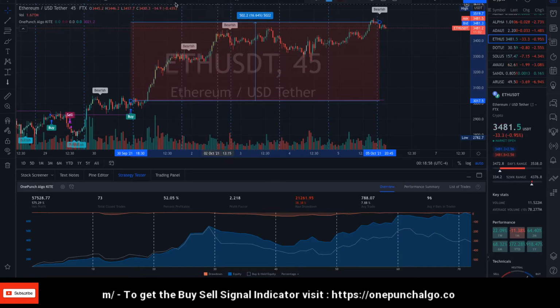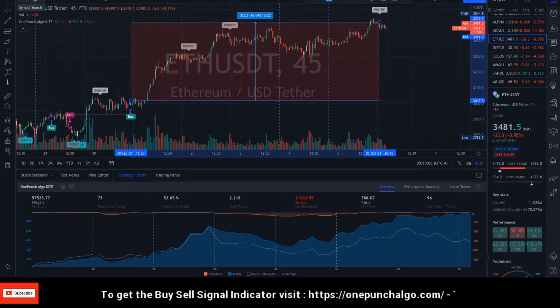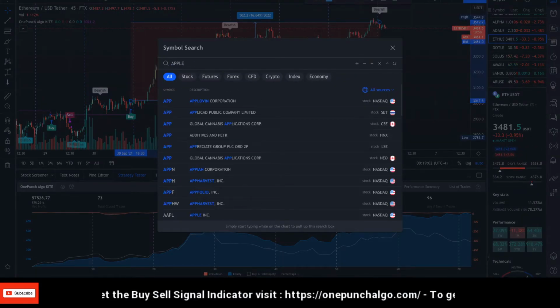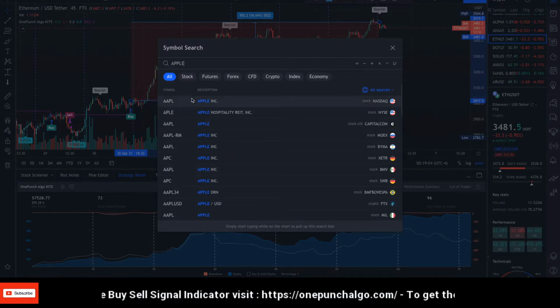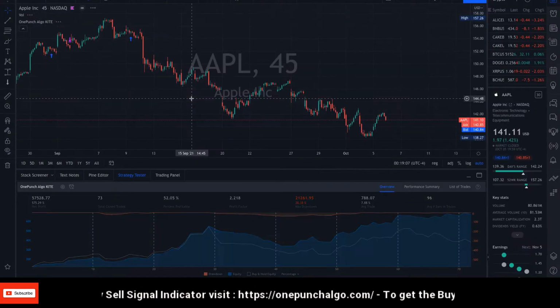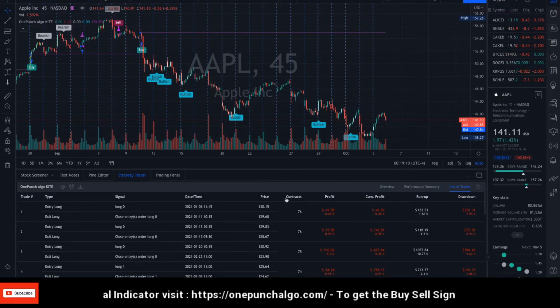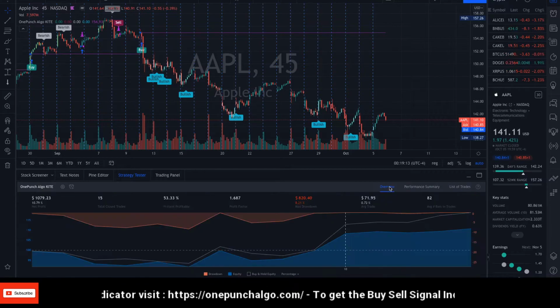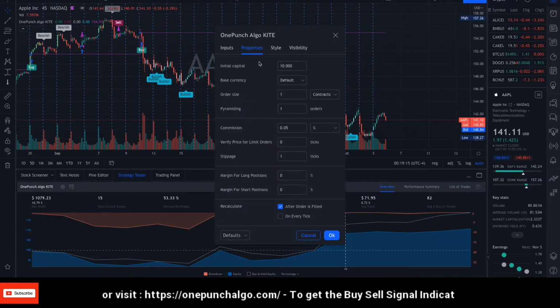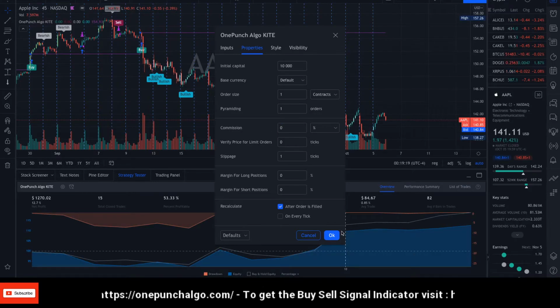Oh, actually I want to show a stock as well instead of just showing crypto. Let's go with Apple here. Apple, same January. Since I am using Robinhood, I don't have any commission, so I'll put that.